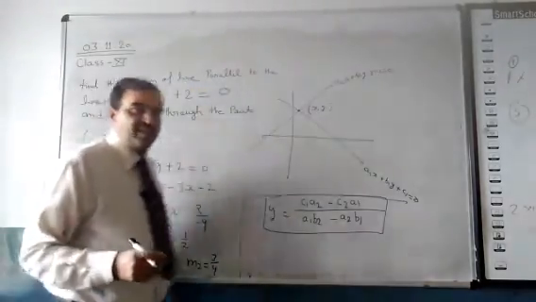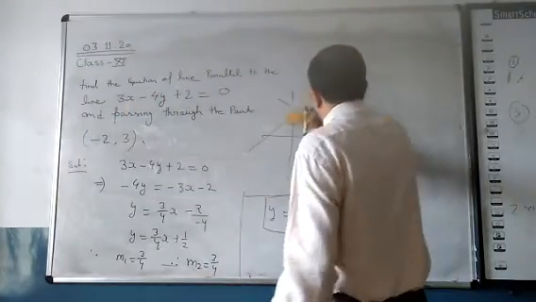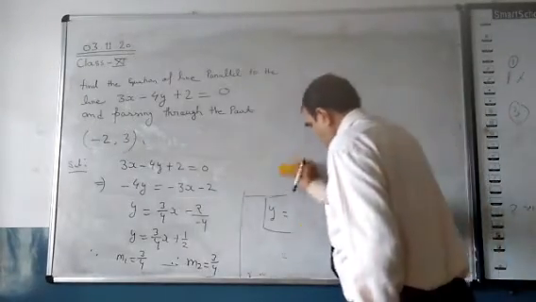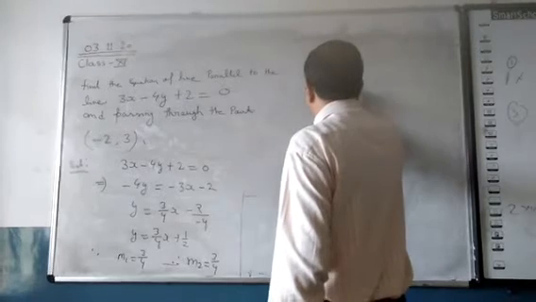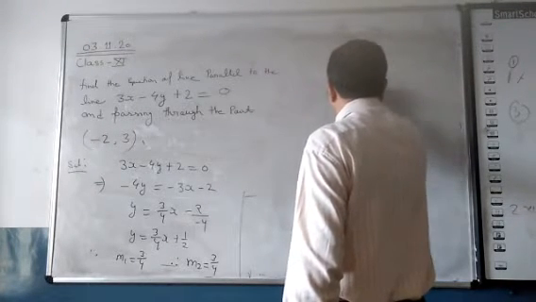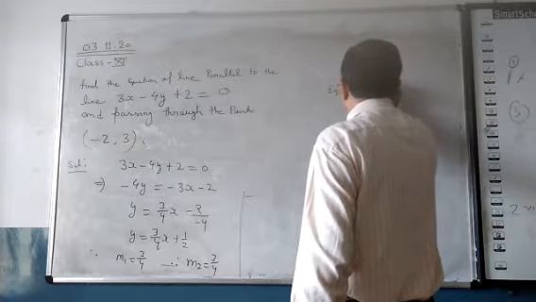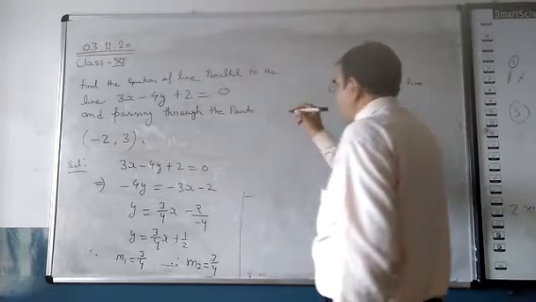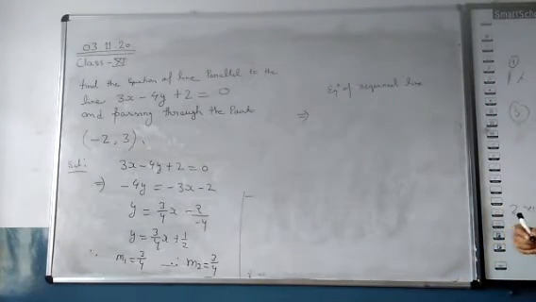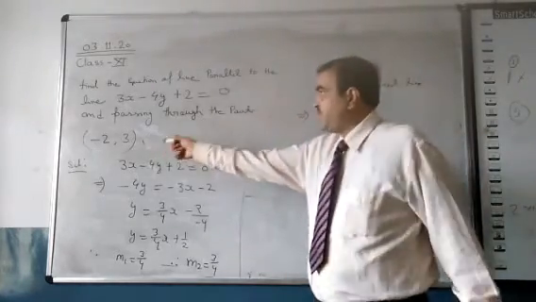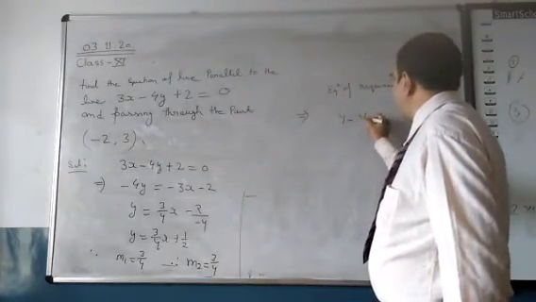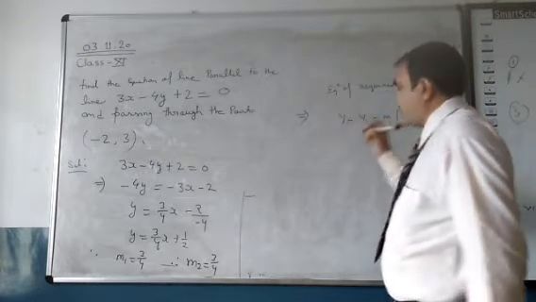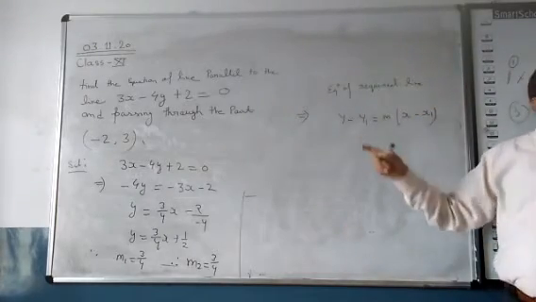Now the equation of the required line. This line passes through the given point, so y minus y1 equals m times x minus x1, and the point given is minus 2 comma 3.